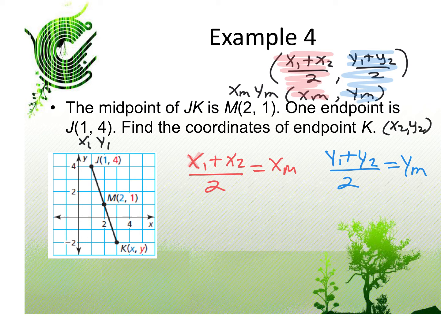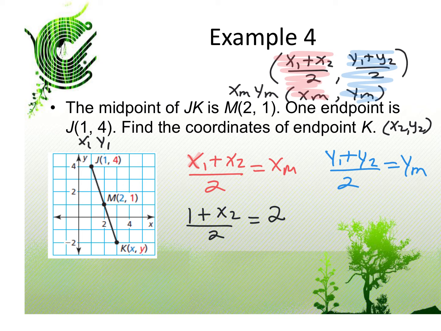So let's plug it in. X1 is 1. I don't know x2, and x of the midpoint is that point 2 at the top. Now I need to solve this, and you had something similar to this in the homework last night. So the first thing you want to do is get rid of the denominator.